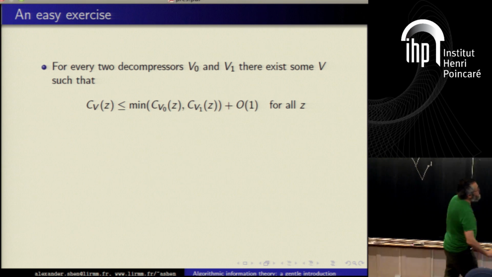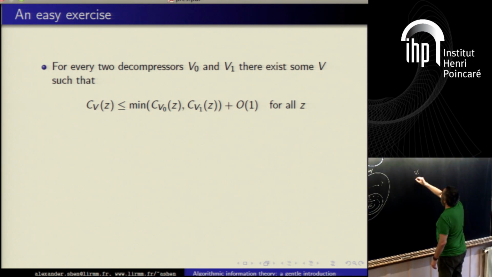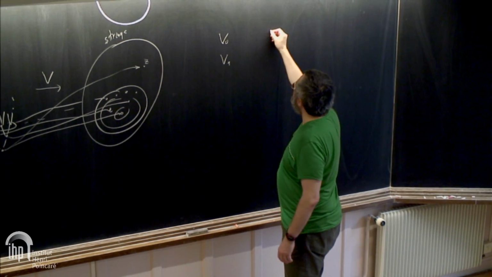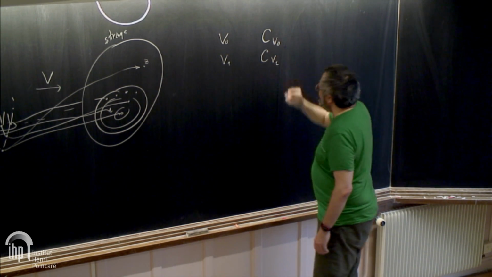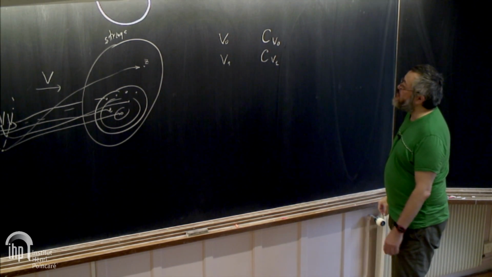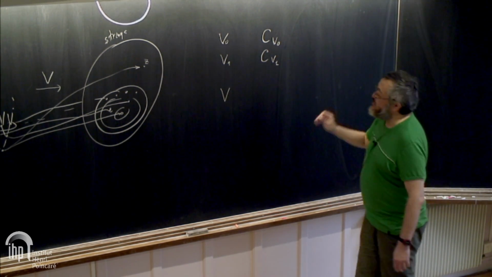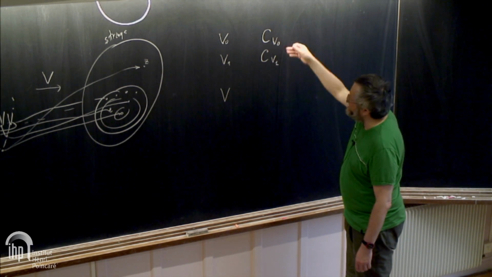So imagine we have two alternative decompressors, V0 and V1, and they have two complexity functions. And we want to construct one decompressor which beats both, in the sense that it is at least as efficient as both.